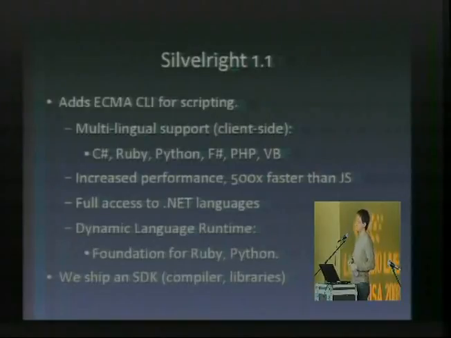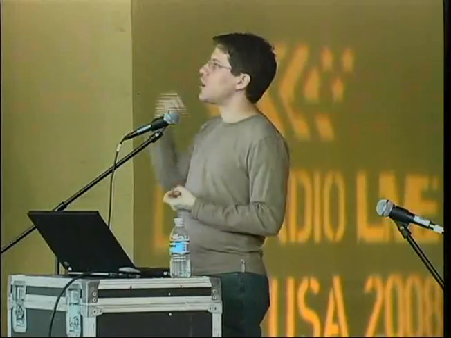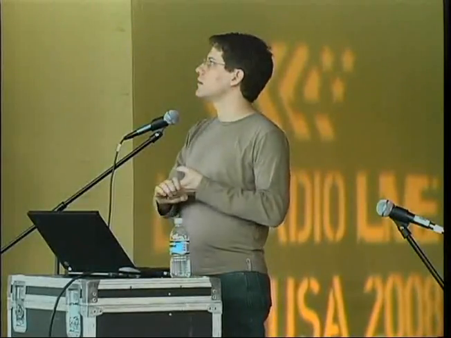Silverlight 1.1 is fascinating because now you add the .NET scripting engine, as opposed to having the browser control it and writing everything in JavaScript. Silverlight 1.1 actually puts the .NET framework inside. That means you can use any .NET language to script it. You can actually write web applications using C# or Ruby or Python or F# or PHP or VB on the client.